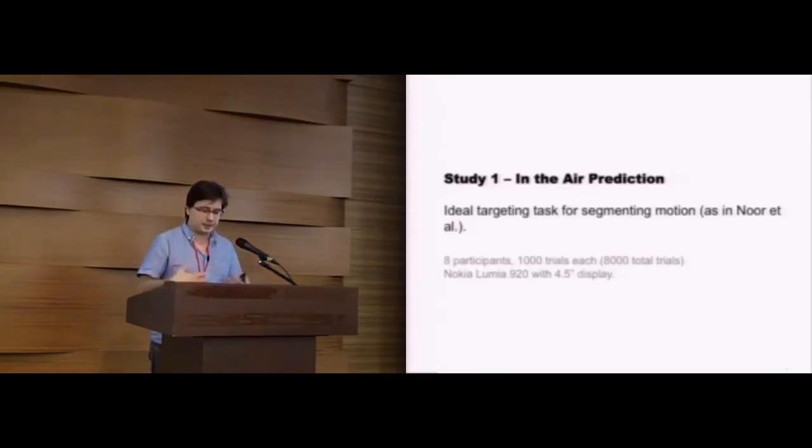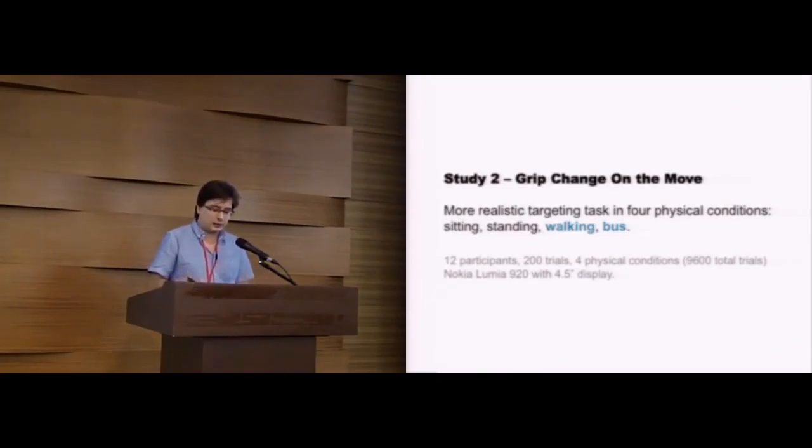Now, taking a step back, I'll go through some of the studies we used to answer these questions. Our first study focused on in-the-air prediction, and we had an ideal targeting task with an imposed delay between touches, which is very useful in segmenting the motion. This is similar to what Noor et al. did. Secondly, we also wanted to verify how our grip change predictive models behave in varying physical conditions, for instance walking.